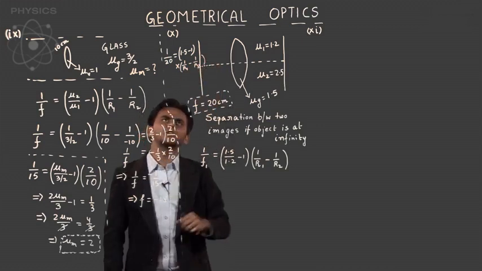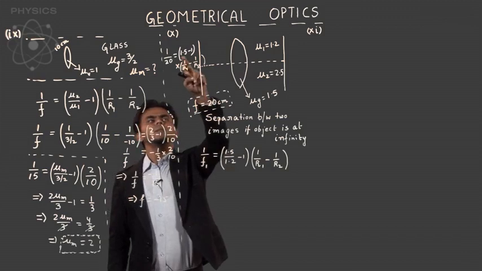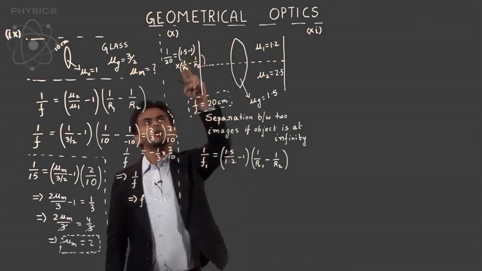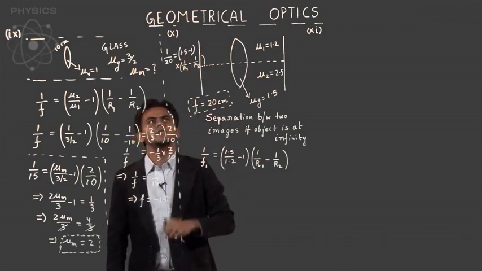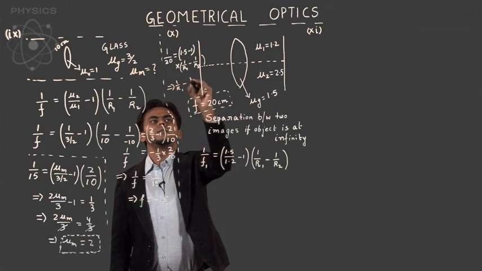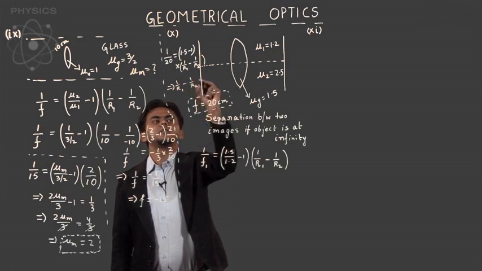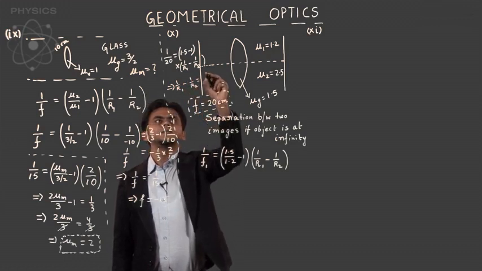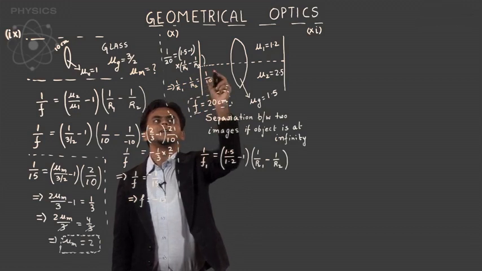Let's make a formula for vacuum. This 1.5 minus 1 is 0.5. 0.5 goes below, then I'll have 10. So this implies that 1 by r1 minus 1 by r2 for this lens over here is 1 by 10.